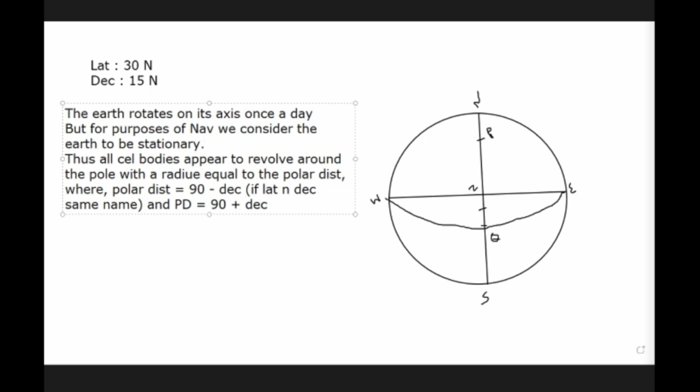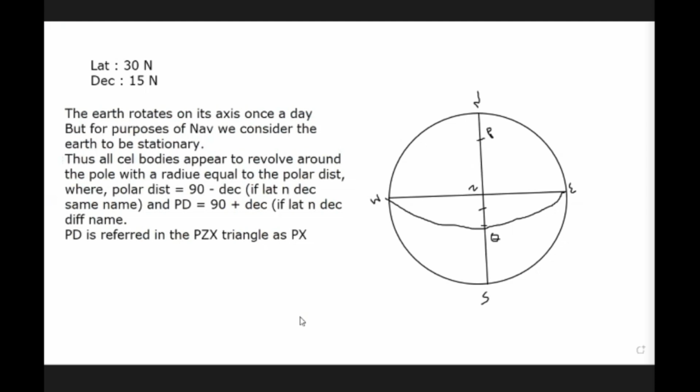I'll show you on the board how it is. Polar distance is referred to in the PZX triangle as PX. So actually what happens, okay, we finish writing, then I will tell you.